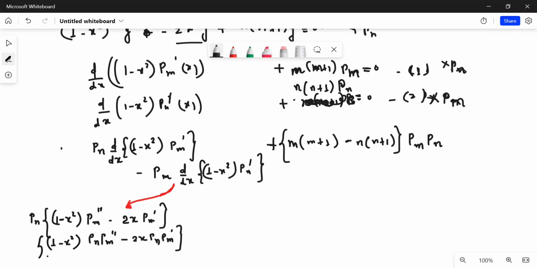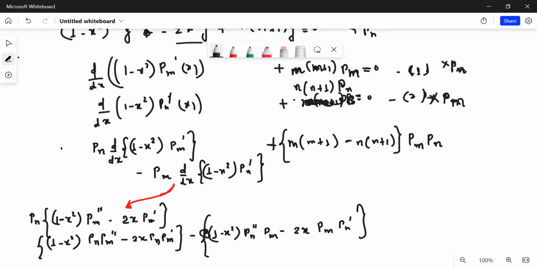So this is how it is. And similarly, this will also be the same way. I'll write minus Pm, (1 minus x square), Pn double dash. Then I will write minus 2x, and I have Pm, and then I have Pn dash.